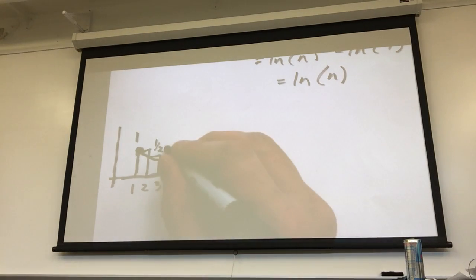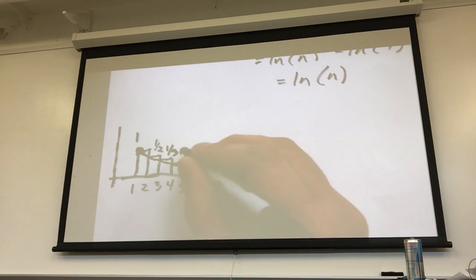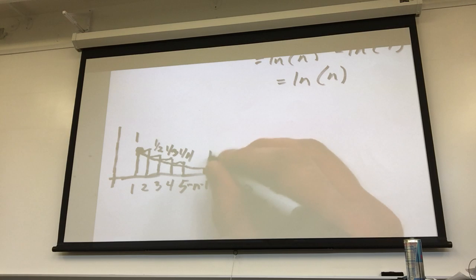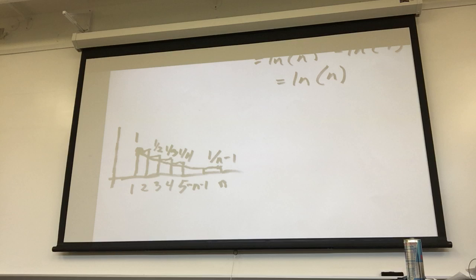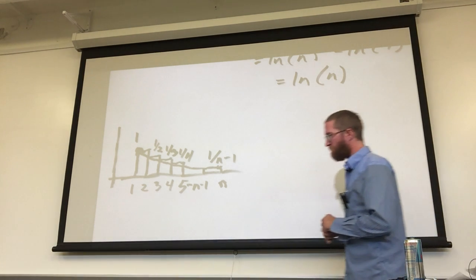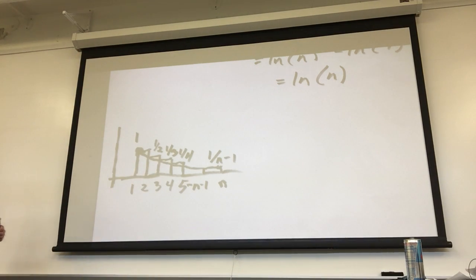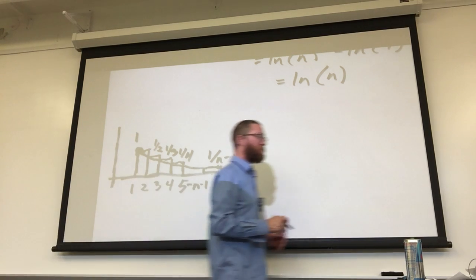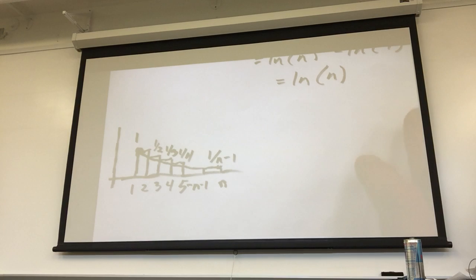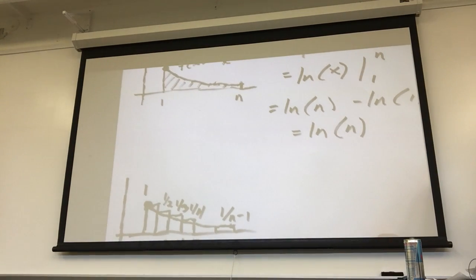That would be 1/2, 1/3, 1/4, and so I got all the way out to this term, which would be, the height of it would be 1 divided by n minus 1. Okay, now on the previous one we said, okay, the integral of this thing is equal to the area under that curve, which is equal to the natural log of n, okay?